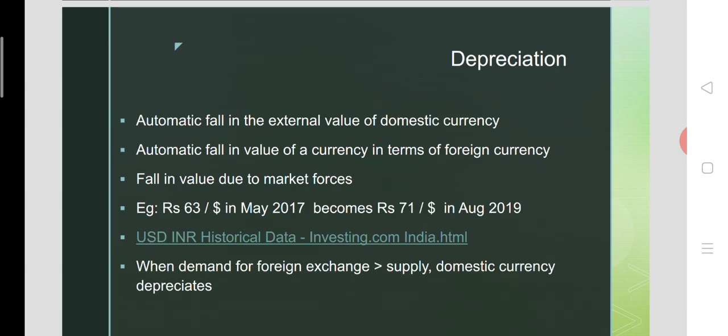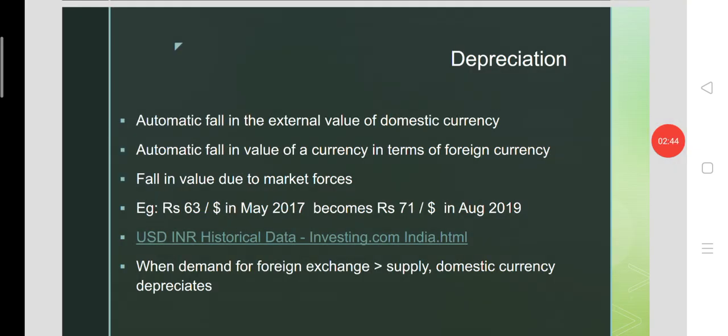It has become 71 rupees in August 2019 and 74.37 in September 2020. So this is the depreciation of Indian rupee in terms of United States dollar. That means the price of US dollar has increased, but the price of Indian rupee has decreased. The value of Indian rupee has decreased. So this is depreciation.